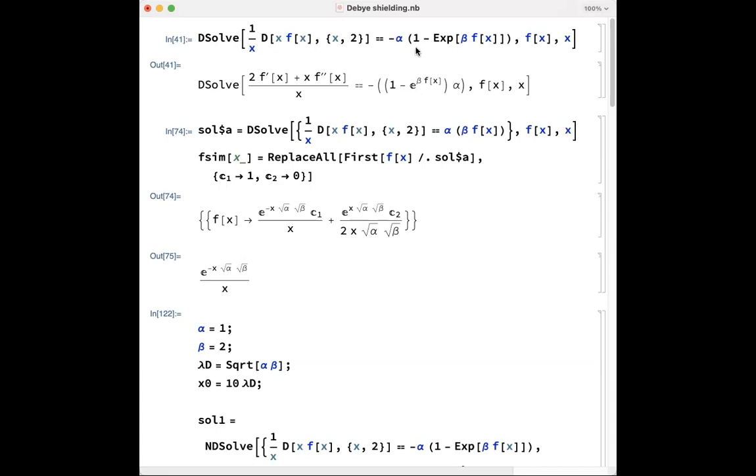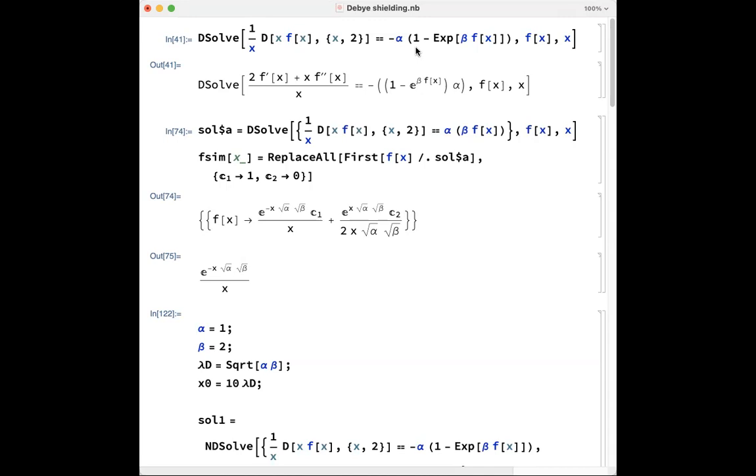Here, I replaced the factor n0 times e divided by epsilon naught with the Greek letter alpha, and the factor e divided by kT with the Greek letter beta, and I'm calling my unknown f of x just for simplicity of typing.